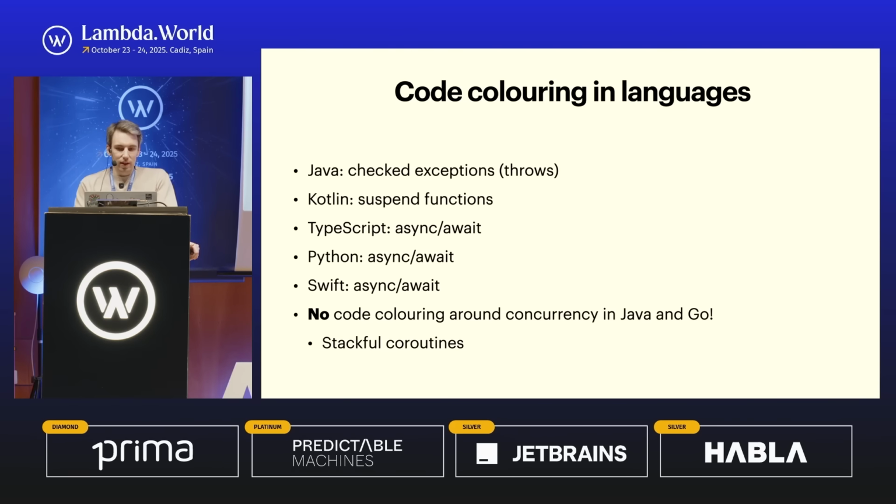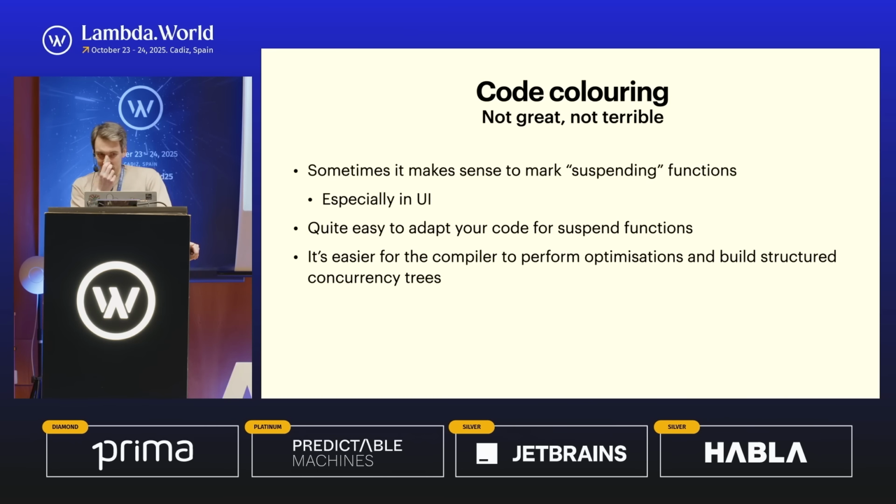And while it's considered problematic, I personally think that code coloring is, of course, not great, but actually not terrible at this particular moment, because sometimes it makes sense to mark suspend functions, or functions that do some concurrency stuff, in explicit form, so that I know that this particular function can suspend.